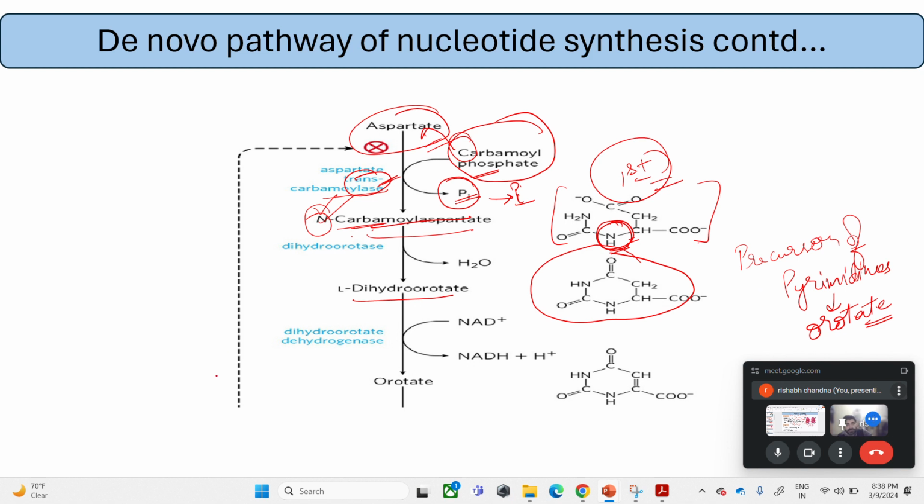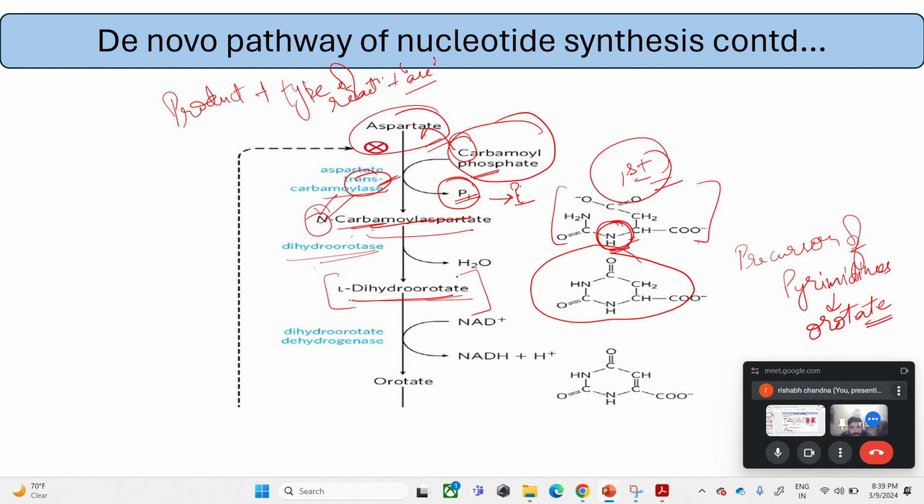Okay, so here the second compound, that is the L-dihydroorotate, is formed using the enzyme dihydroorotase. Because in the primitive era, we named the enzyme from the product that it is forming plus the type of reaction and then the -ase.